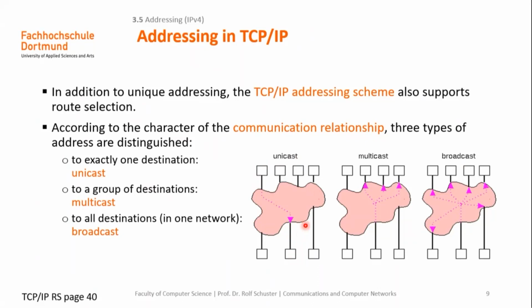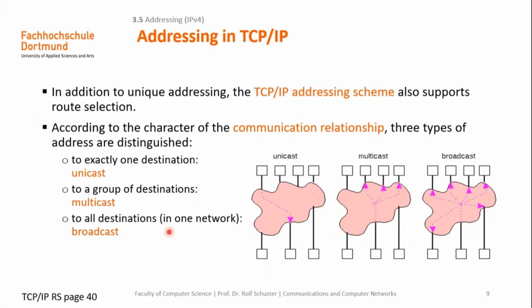Multicast is a type of IP addressing that permits delivering one datagram to several hosts or routers in a network, not only in a local area network, but in the global network.